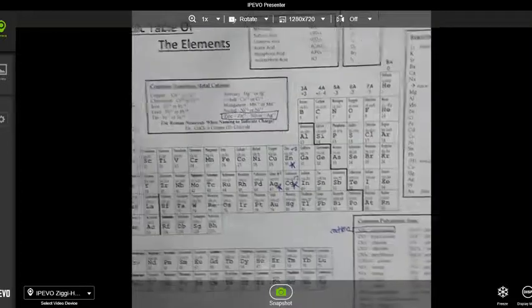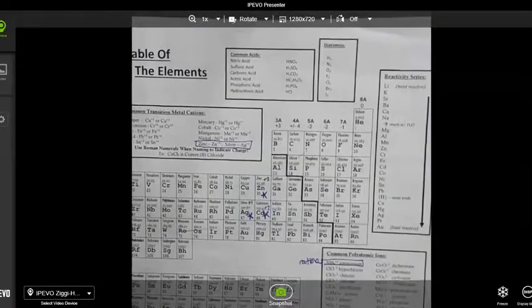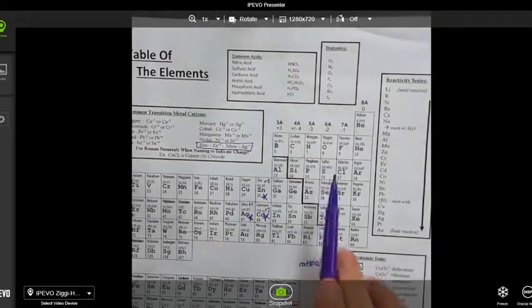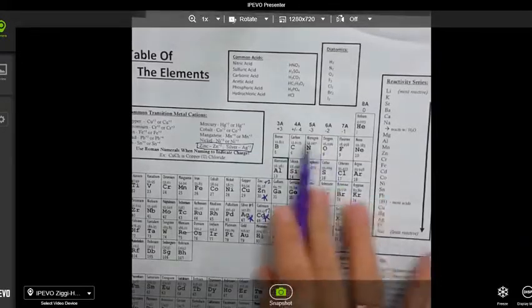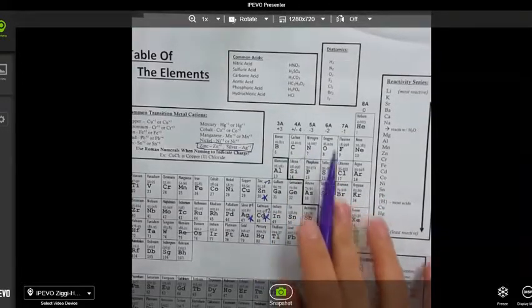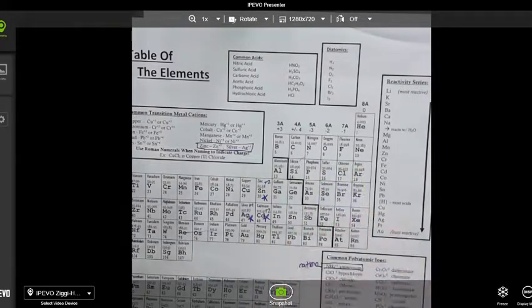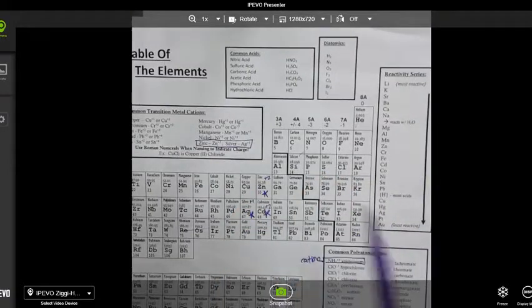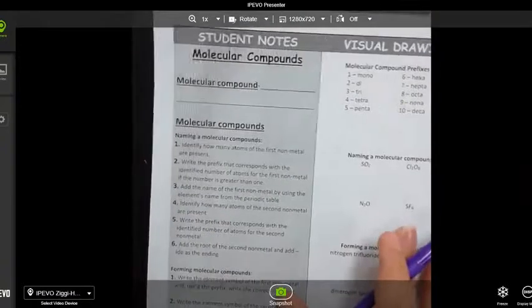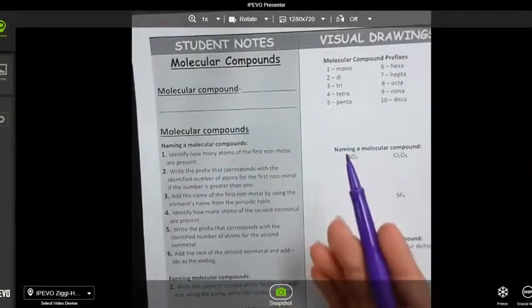We're going to learn something a little bit different today, where you're going to be putting two nonmetals together, or two negative charges. And actually, for this next set of naming and bonding, the charges don't even matter. So we're going to be dealing with molecular compounds.